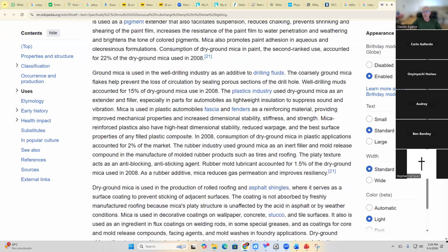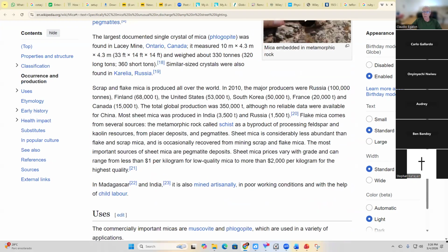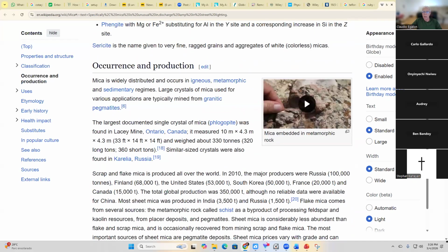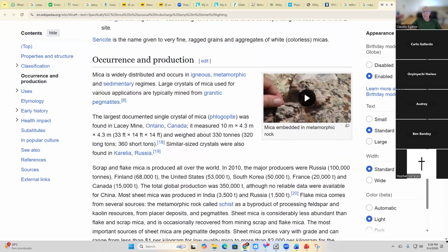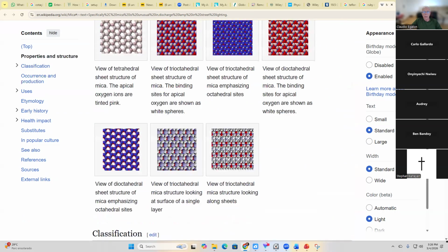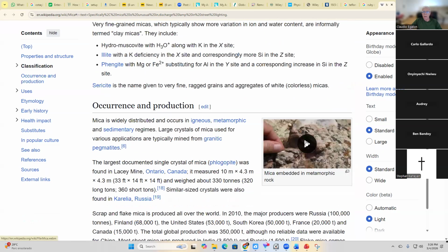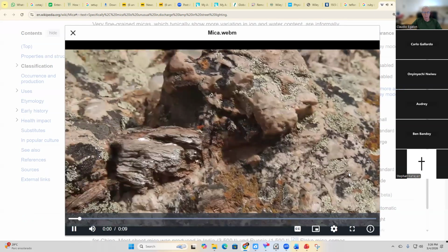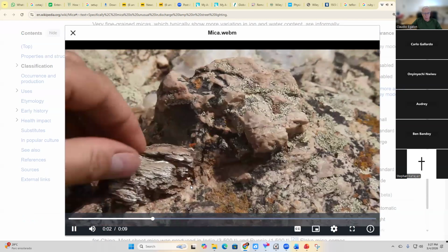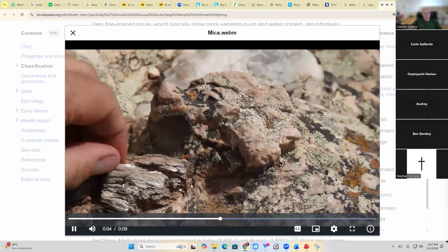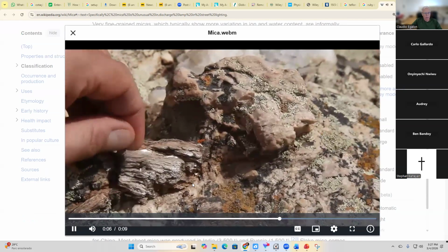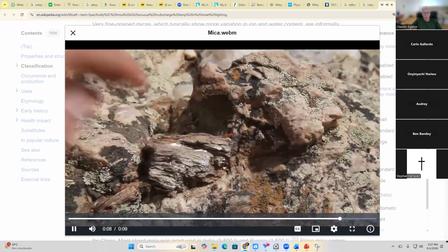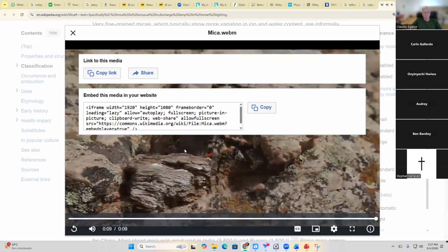Let's see if we have a picture of a stone with some flakes of mica. Oh, embedded. Let's play this one a little bit. Yeah, here you go, that's how it looks. This one is embedded, but it can also occur at the surface of the stone.